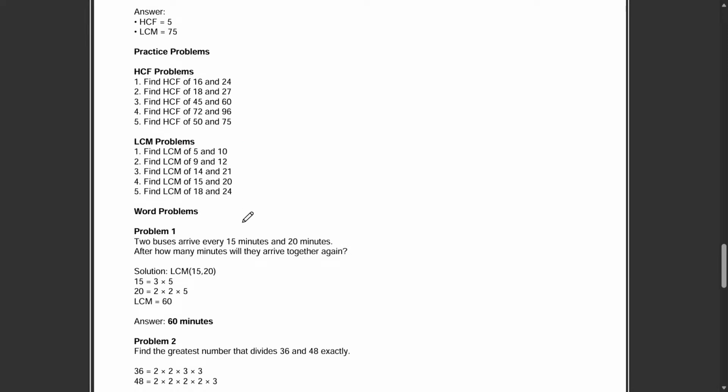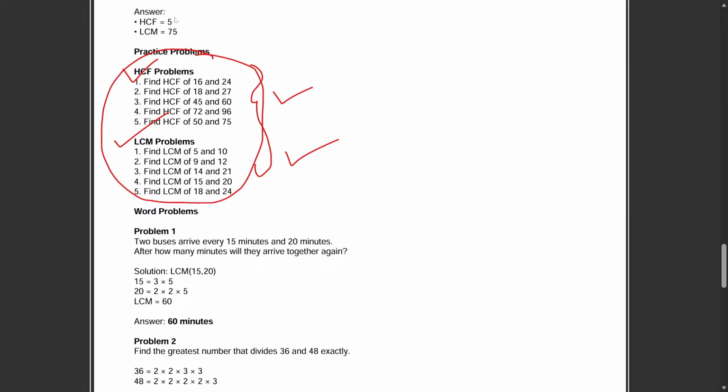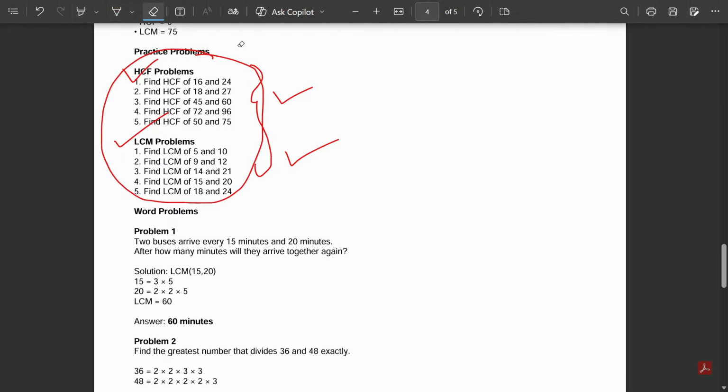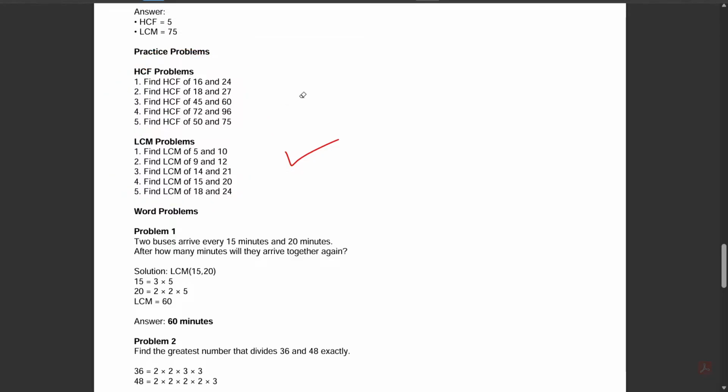I'm giving you these problems, HCF and LCM. Let's find out this and this. Take a screenshot of this portion, and try to solve it in your notebook.